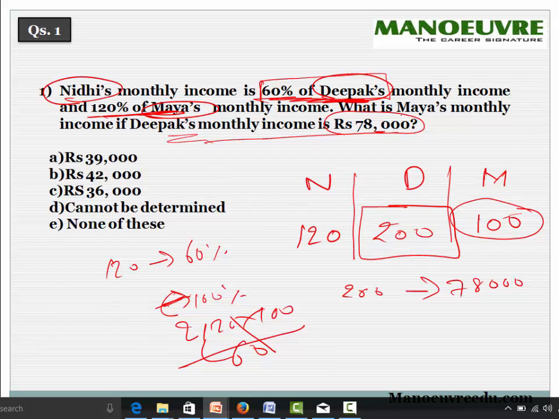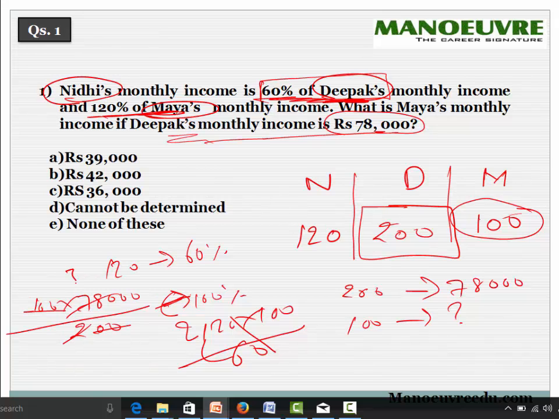Now they are asking what is Maya's monthly income. So 100 is equal to how much? Simple unitary method we can apply. So this is nothing but 100 into 78,000 upon 200. This gets cancelled, 2 3s are 6 and 2 9s are 18. So 39,000 is your answer, guys.